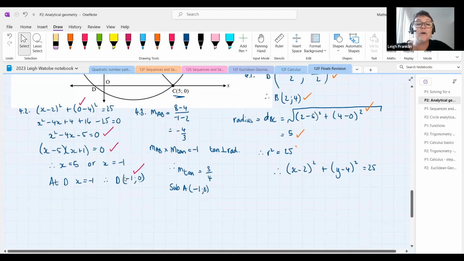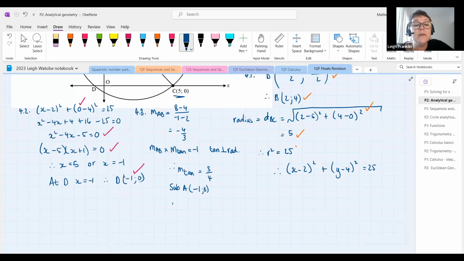And now we're going to sub into y equals mx plus c, which is what you guys were saying about gradient and a point. Okay, so the y coordinate is 8 when the gradient is 3 over 4. The x coordinate is equal to -1, and that allows us to work out the size of c.